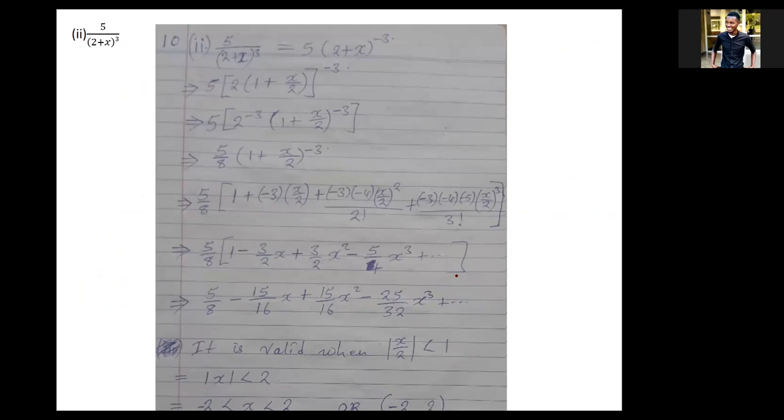And then this expression is valid when, let me write here. So this expression is only valid when the absolute of x over 2 is less than 1.